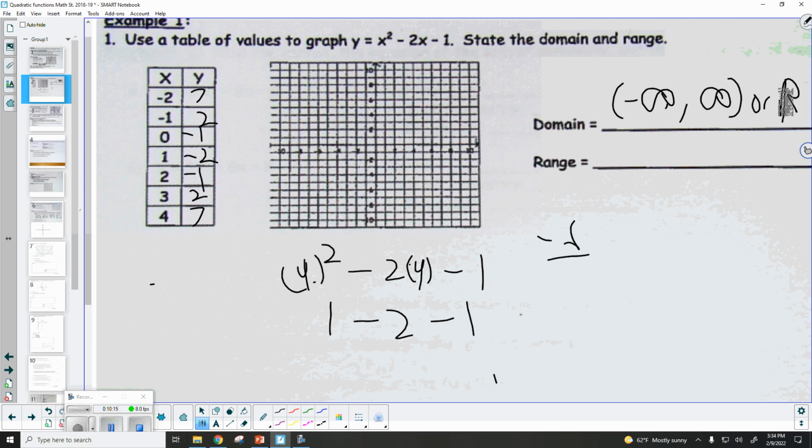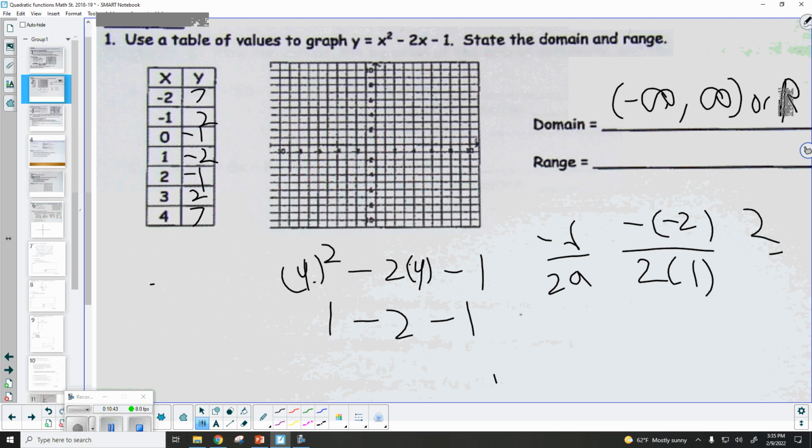And then for the range, actually, what would be our axis of symmetry if we were doing negative b over 2a? So our b would be what? Negative 2. And then 2a. So negative times negative, so 2 over 2, that's 1.